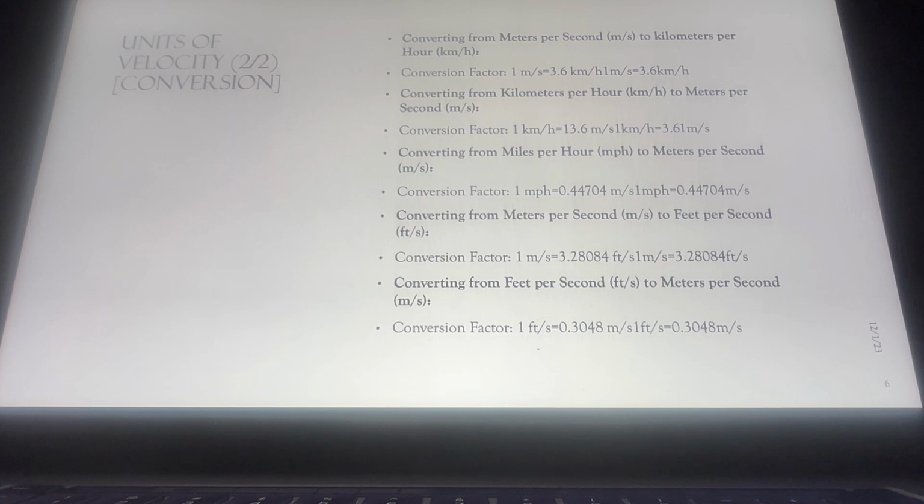The conversion factor would be 1 meter per second is equal to 3.28084 feet per second. Lastly, we have converting from feet per second to meters per second. The conversion factor would be 1 foot per second is equal to 0.3048 meters a second.